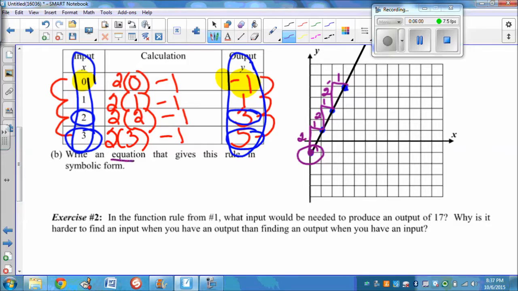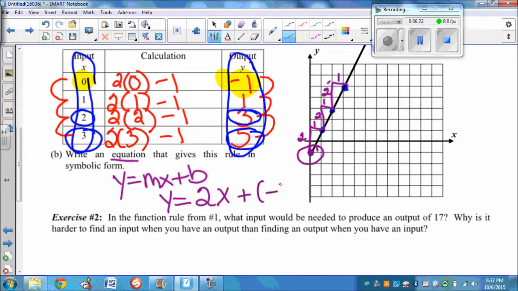Now let's write the equation that gives this rule in symbolic form. So y equals mx plus b should kind of come to your head. So let's see. y equals, we found the slope to be 2, 2x plus, and what was our y-intercept? A -1. 2x plus a -1.